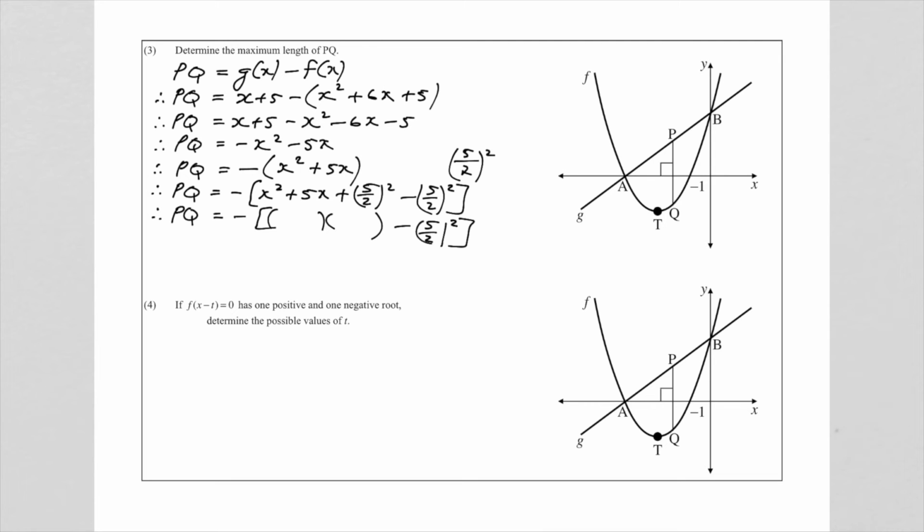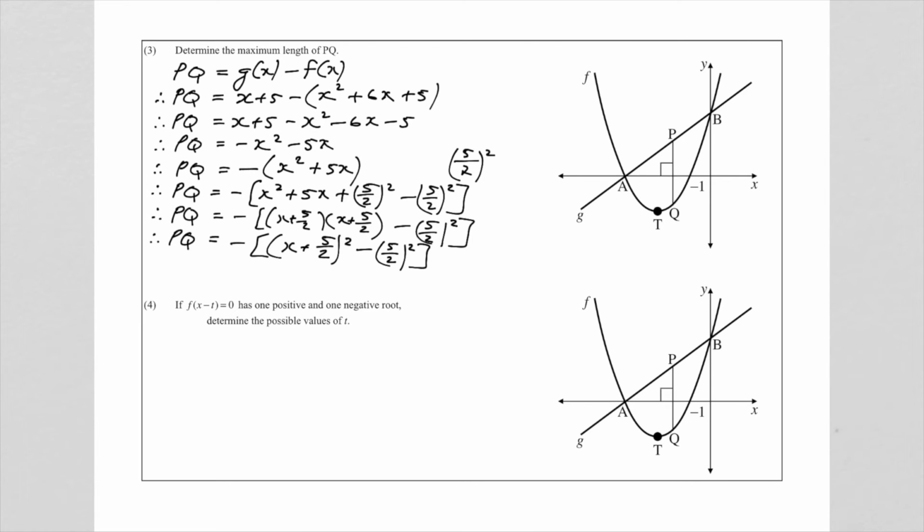And now we're going to factorize this trinomial, which is fairly easy to do. Because we get an x times an x, and that (5 over 2) squared is 5 over 2, 5 over 2, and both must be positive because our answer for the middle term is positive. So we can write this now as a square. So we can say it is (x plus 5 over 2) squared minus (5 over 2) squared.